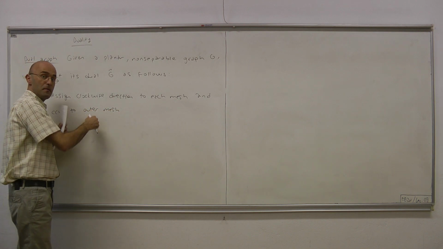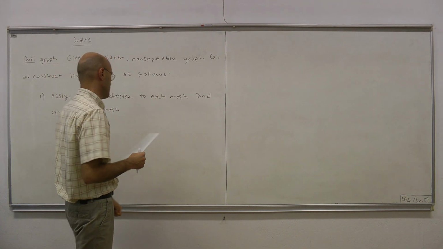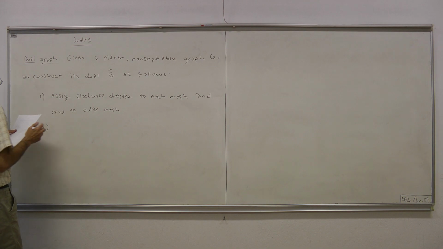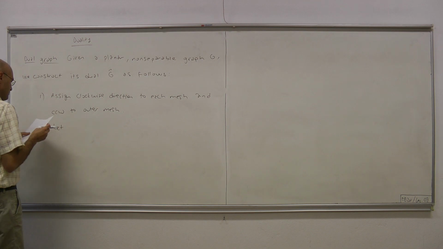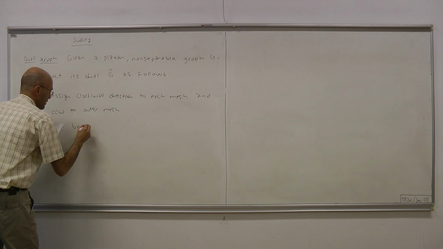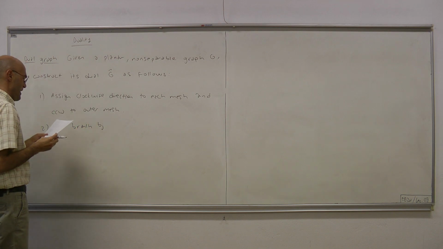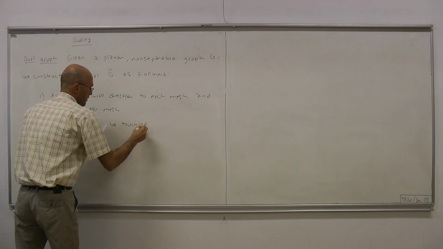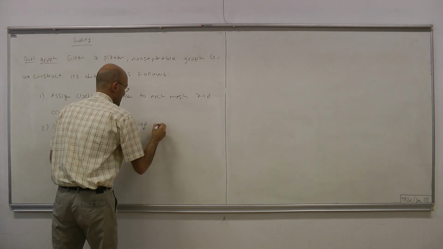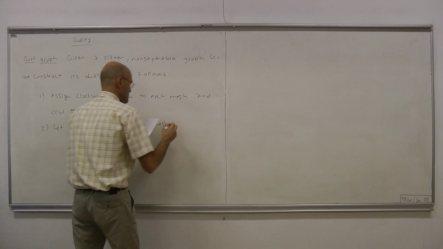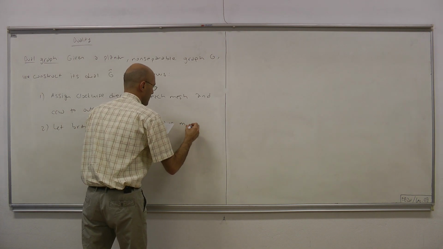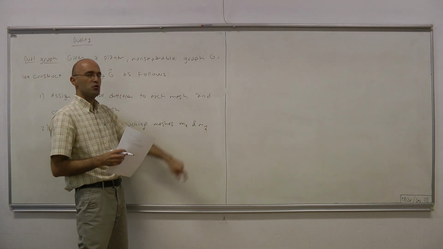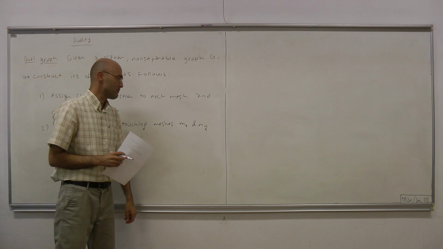We'll define what we mean by an outer mesh on a picture. And then let branch BJ be touching meshes X and Y. These are those two meshes in our original graph G.